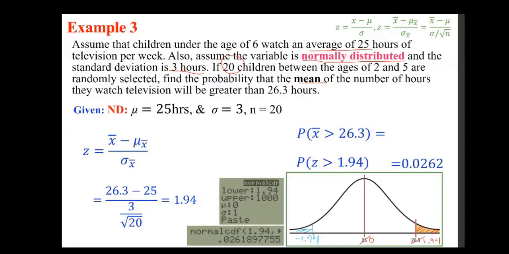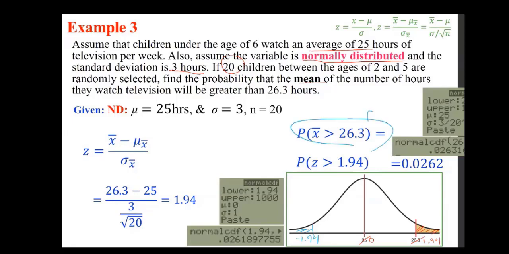When you use the technology, of course, you don't have to worry about that. But if you're using the table, using the area less than -1.94 is a lot easier for the sake of reading the table. Also, you could do this using just the numbers that were given, using 26.3 as the lower limit. In other words, dealing with this one. If you want to come up with the answer right here, it is doable.